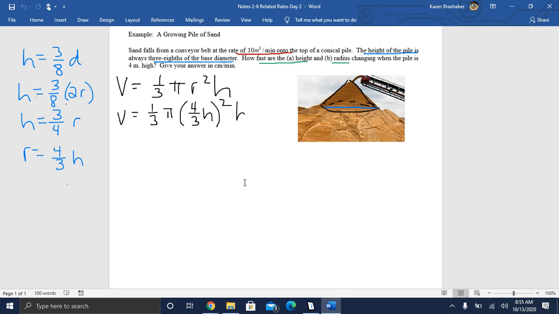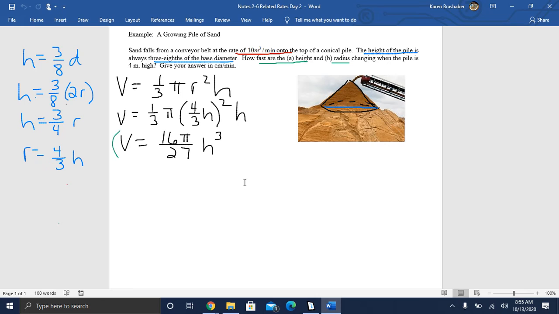Remember that that gets squared. Then I'm going to simplify that. 4/3 squared would be 16/9. I multiply that by 1/3 pi and get 16 pi over 27 h to the third power. That's the equation I'll use to find the rate of change of the height.